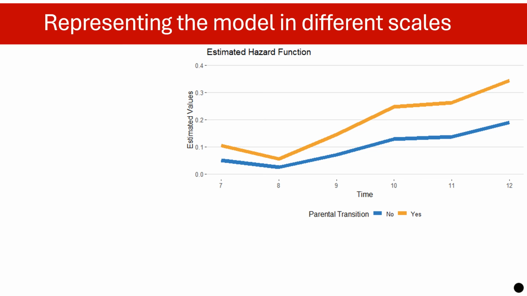And we may be tempted to assume that this increasing gap may indicate an interaction between the covariate parental transition and time. That is, we might be tempted to assume that the effect of parental transition on the risk of initiating intercourse changes over time. However, a similar conclusion would be entirely wrong.